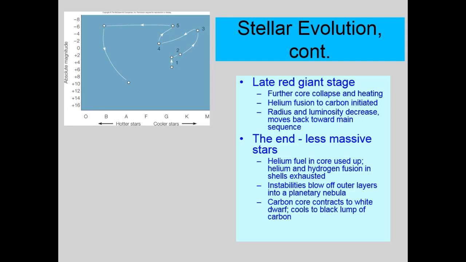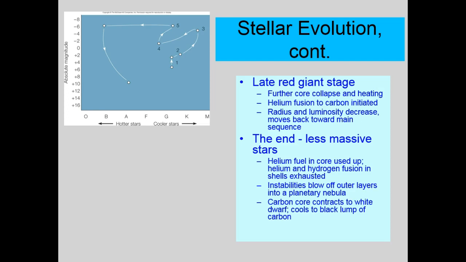So guess what? It goes back to being a main sequence star. Hotter star started down here, is up here now, and why? Because helium fusion is really, really hot. The radius decreases, so therefore your ability to see it decreases, and it moves back toward the main sequence.